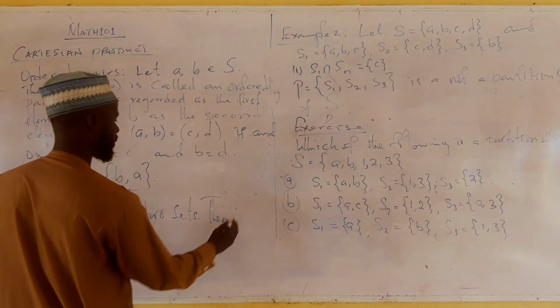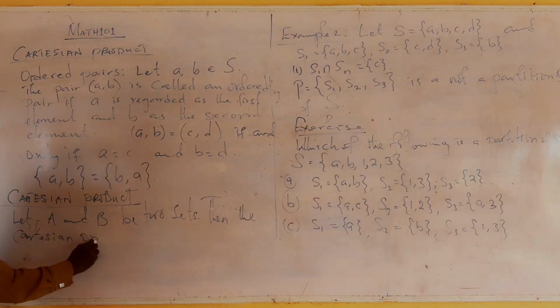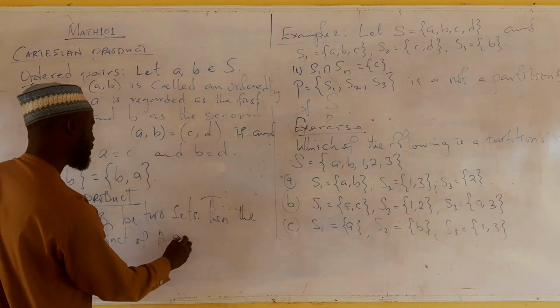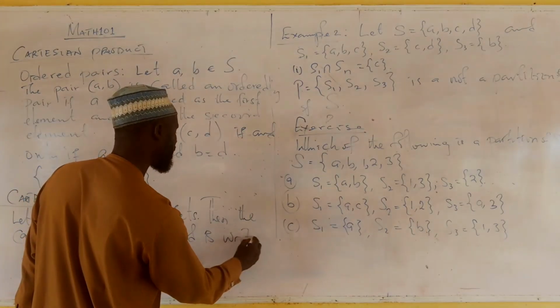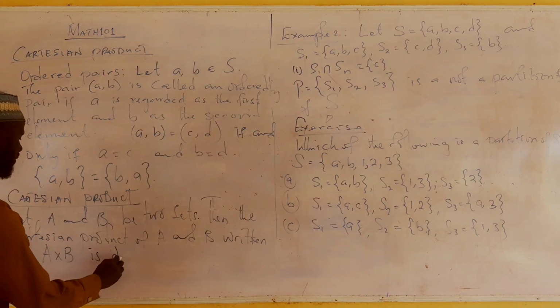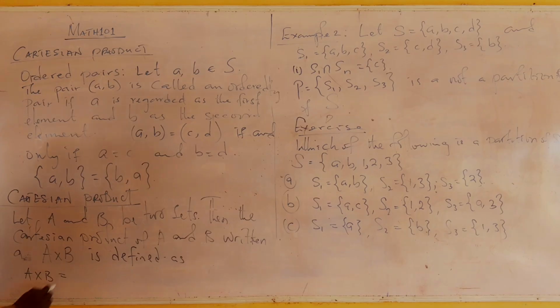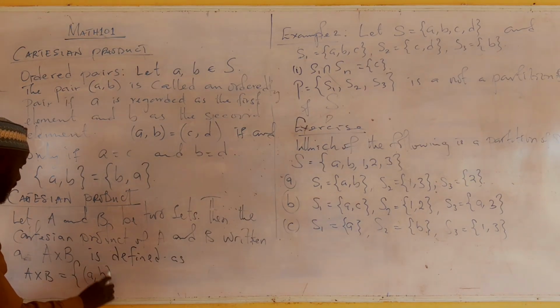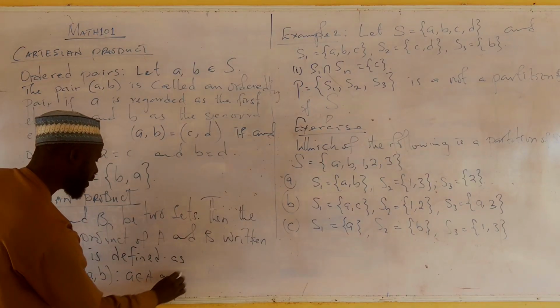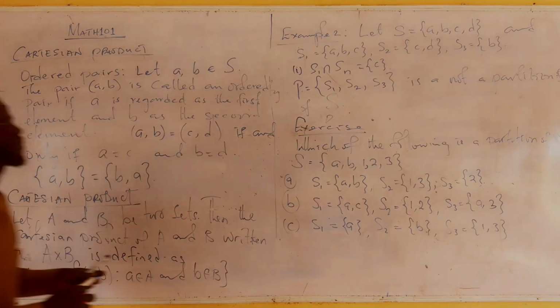Then the set product, or the Cartesian product, of A and B is written as A cross B. We define A cross B as the set of all ordered pairs A comma B such that A is in A and B is in B.